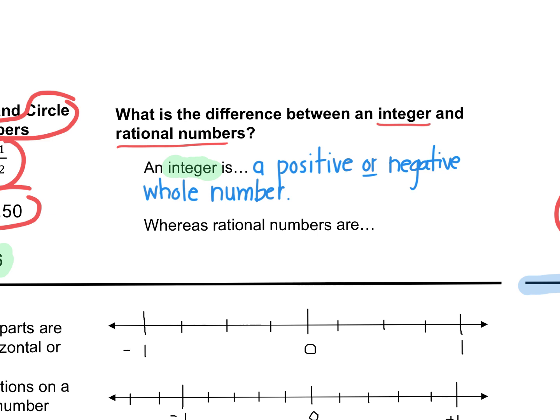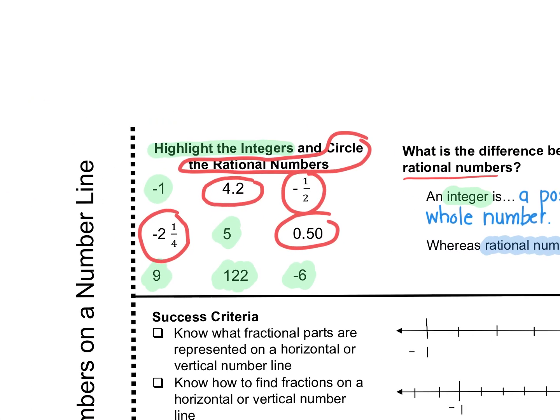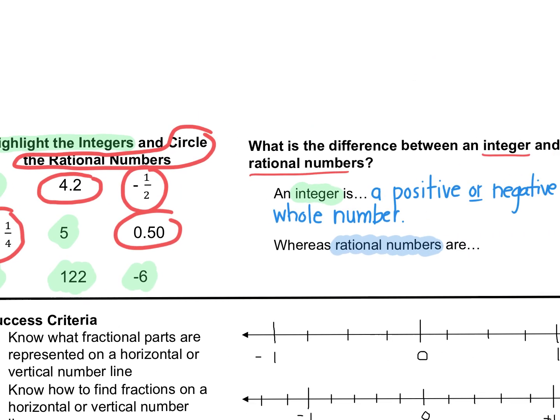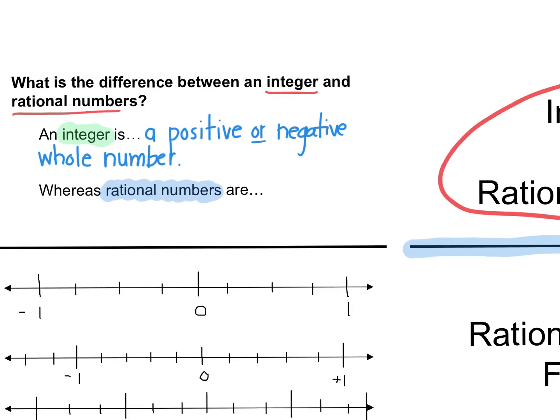Okay, let's talk about rational numbers. So let me highlight the term rational numbers. What are rational numbers? Well, we can see from our first tab where we had some things circled that rational numbers are positive or negative, and they could be decimals or fractions. Okay, so let's write this.